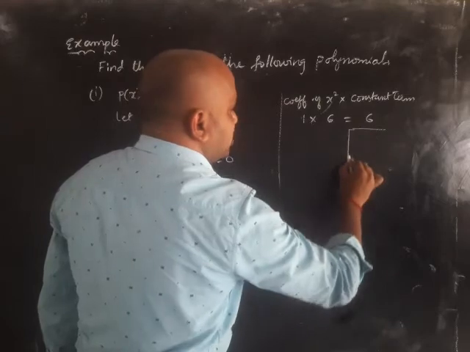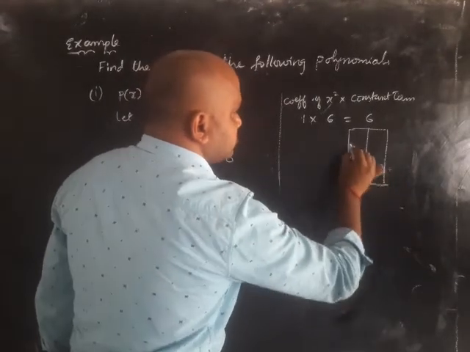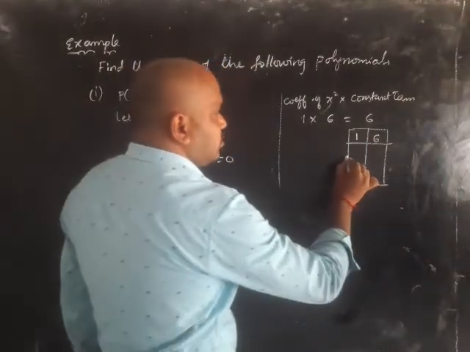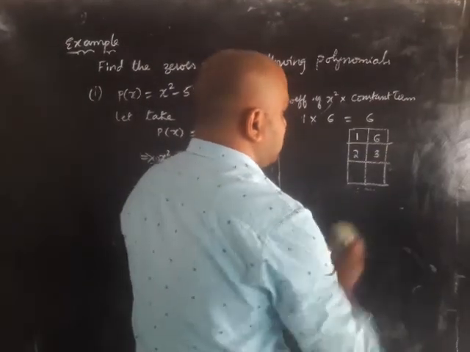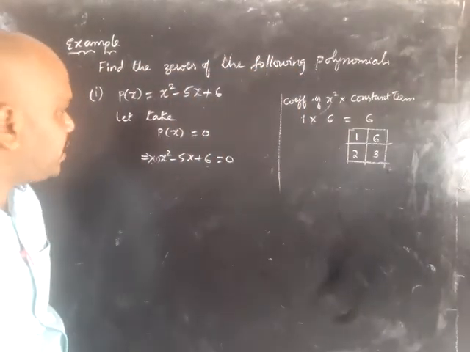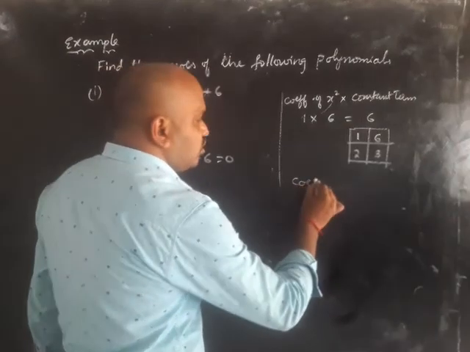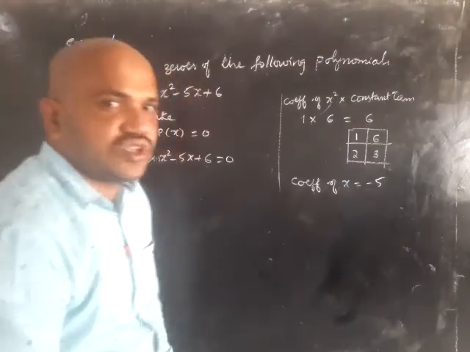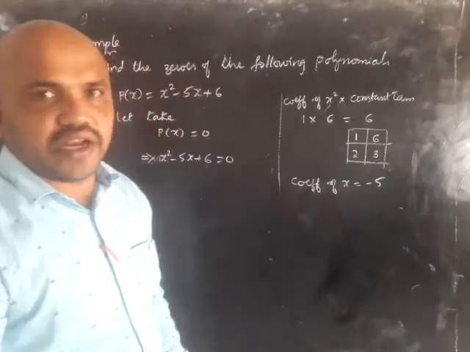So the possibilities, factors of 6: 1 into 6, 2 into 3 are 6. So we have two pairs here. And what is the coefficient of x? Coefficient of x is minus 5. So on adding or subtracting, we have to get minus 5.